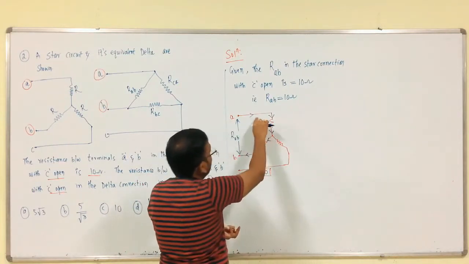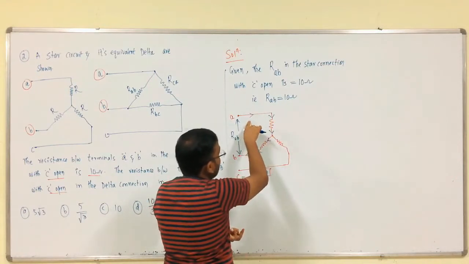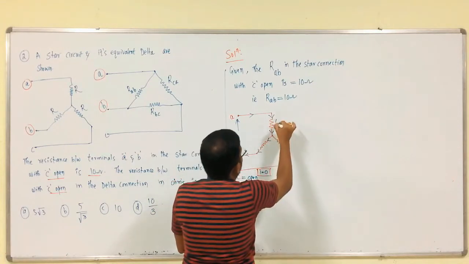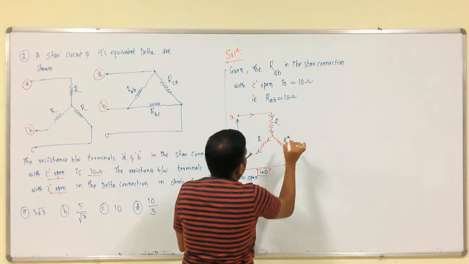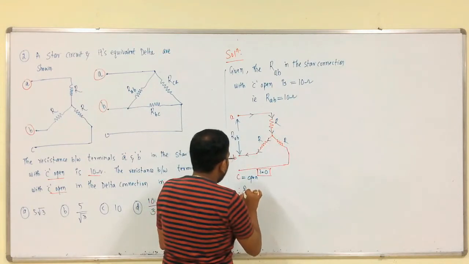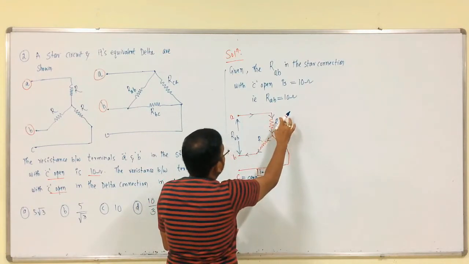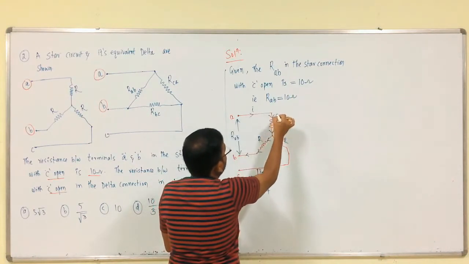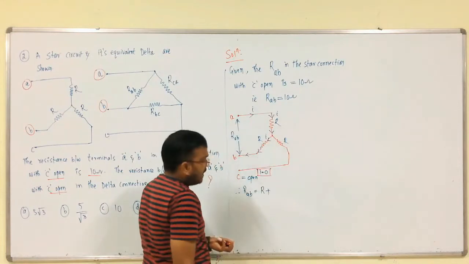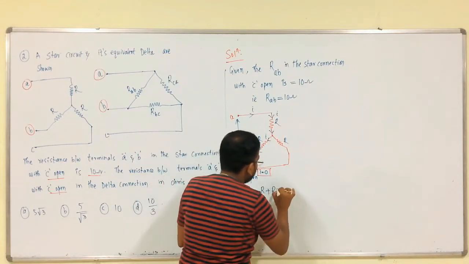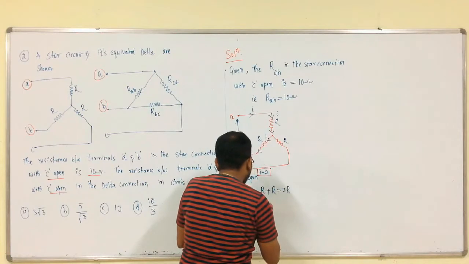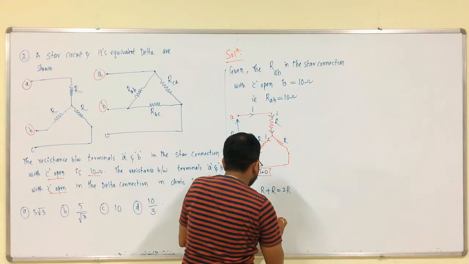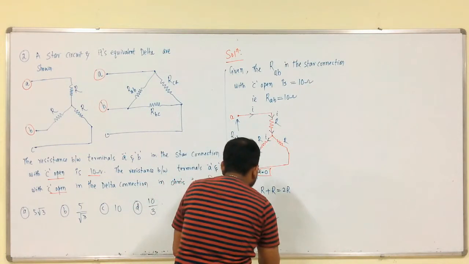The same amount of current enters through terminal A and leaves from terminal B, that is it. This is R, R, R. Therefore, RAB is this resistance plus, because of the same current in the circuit, R plus R, which is equal to 2R. Therefore, 2R is equal to RAB, which is 10. So, from this, R is equal to 5 ohms.